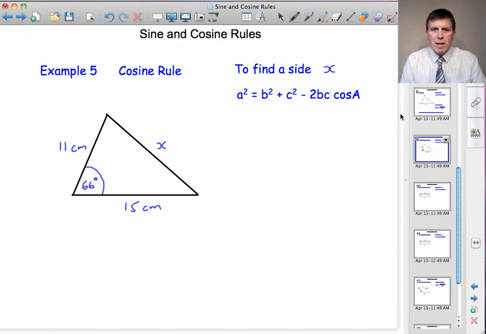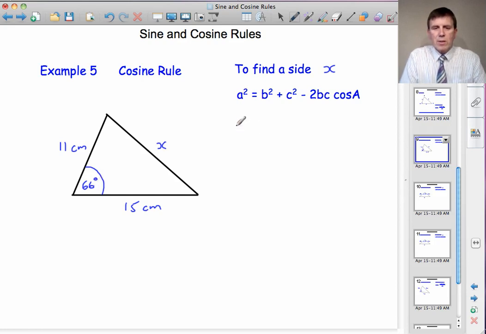We'll now look at 4 examples using cosine rule, 2 to find a side and 2 to find an angle. Example 5. To find a side labelled x. So in this triangle, I've got a 15 centimetre side and 11 centimetre side, and I know the angle in between them. That's what I need to be able to find x, the side opposite the angle that we know.